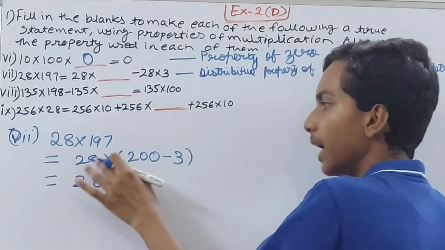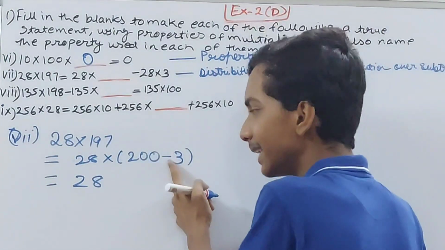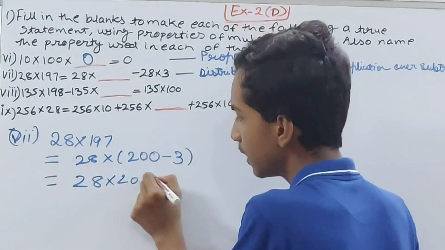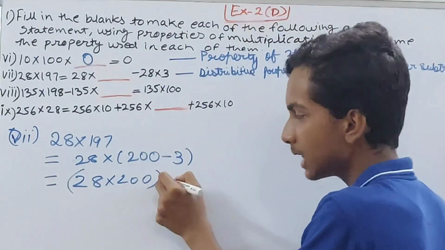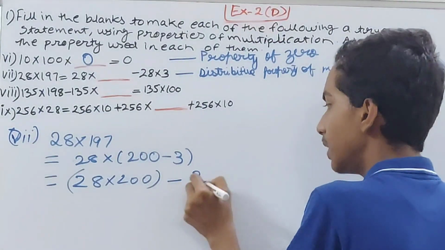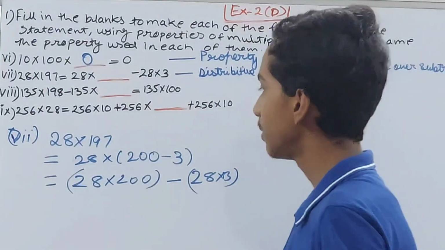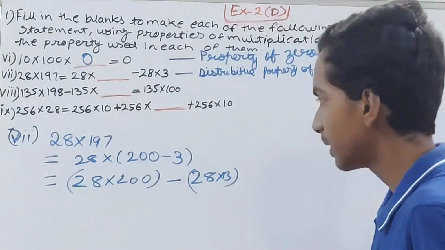Now you will multiply 28 with each of the numbers inside one by one, and this minus sign should come outside. So 28 into 200 here first, then the minus sign as I said in between, and then multiply 28 into 3 here. Okay, this is called the distributive property of multiplication over subtraction.